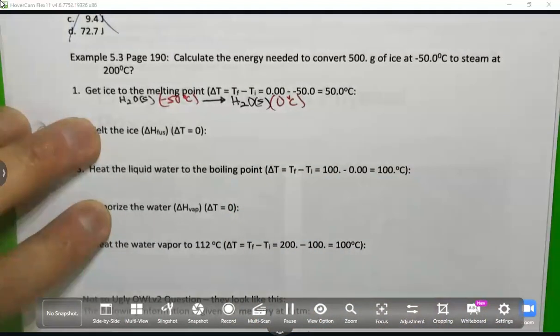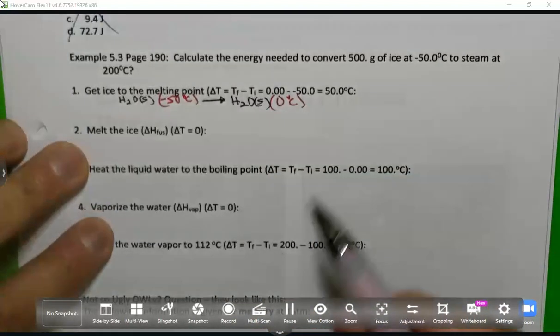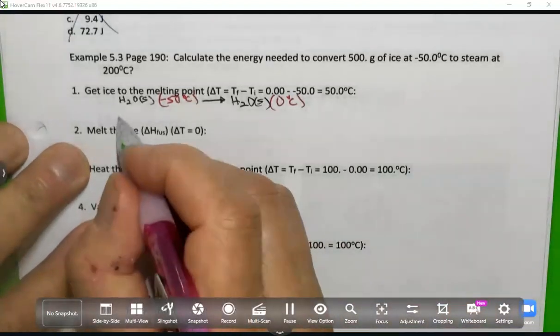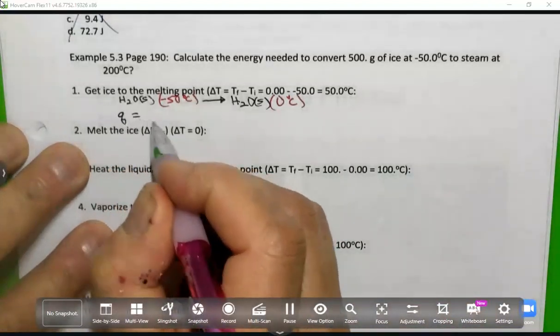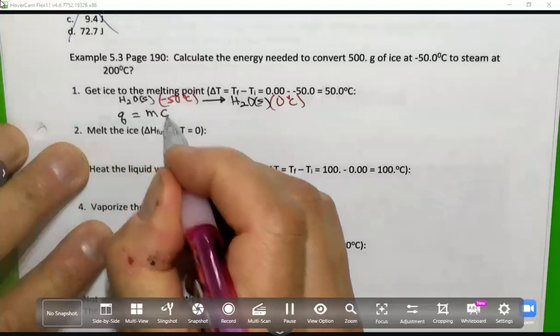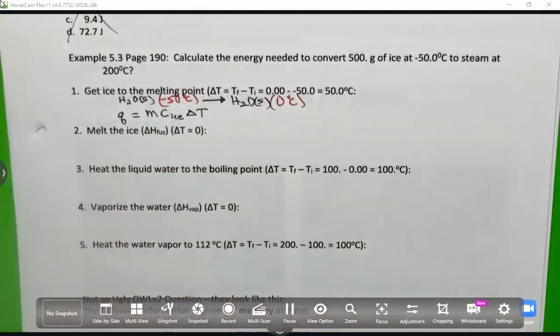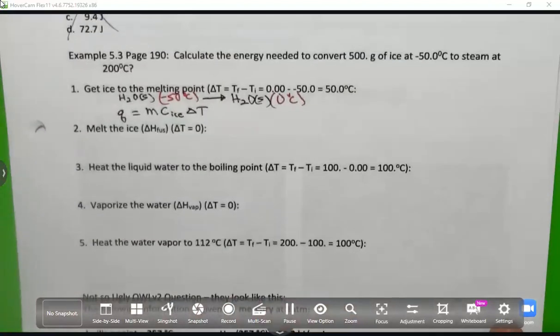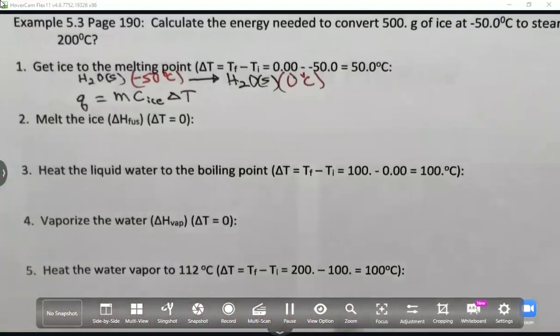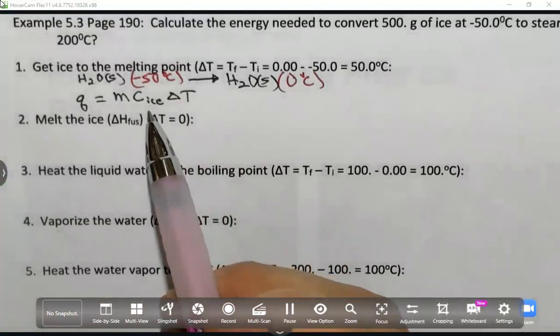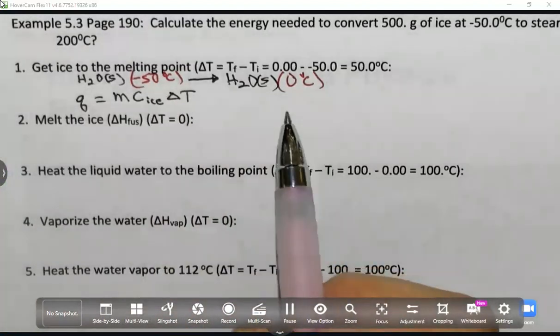Now, what is that going to involve? Q is equal to M, specific heat of ice, change in temperature. Every phase of water has its own specific heat. Here, we need to get ice from -50 to 0.